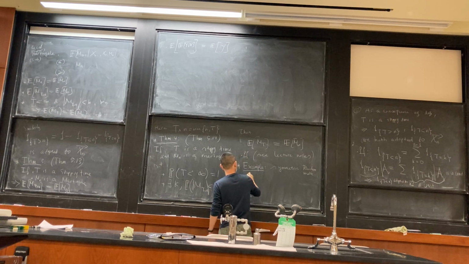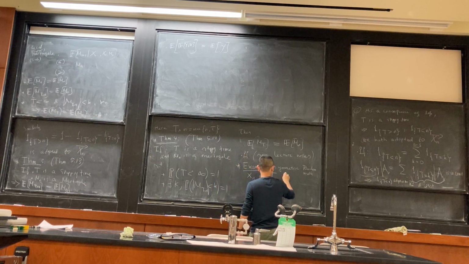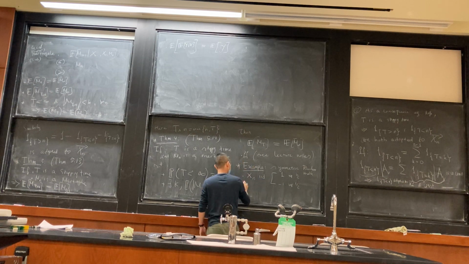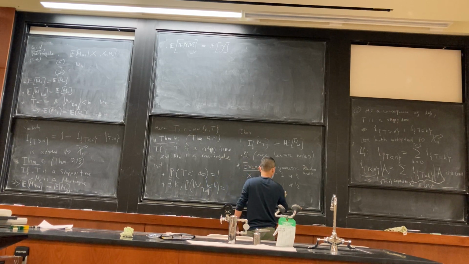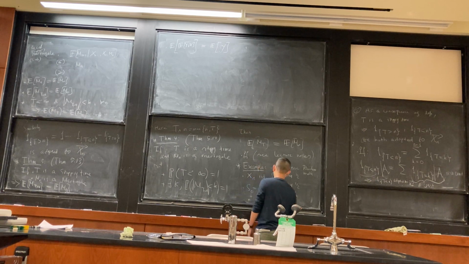Suppose again I have a sequence of X_k i.i.d. Bernoulli taking either 1 with probability 1/2 or -1 with probability 1/2. Consider S_0 being 0 and S_n being the summation of X_k, k from 1 to n.